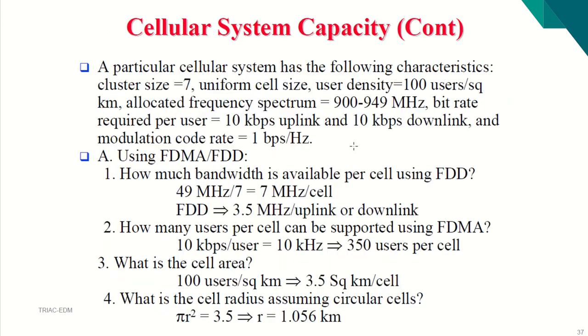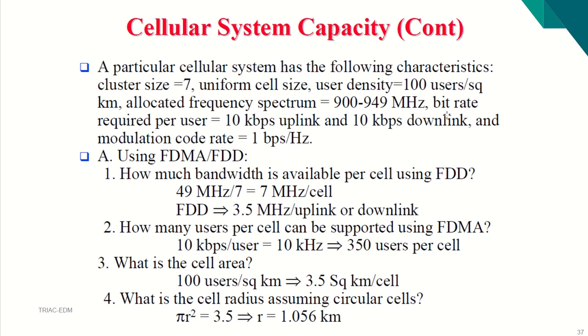Okay, so next slide. A particular cellular system has the following characteristics. Its cluster size is 7 and its uniform cell size. And user density is 100 users per square kilometer. The allocated frequency spectrum is 900 to 949 megahertz.